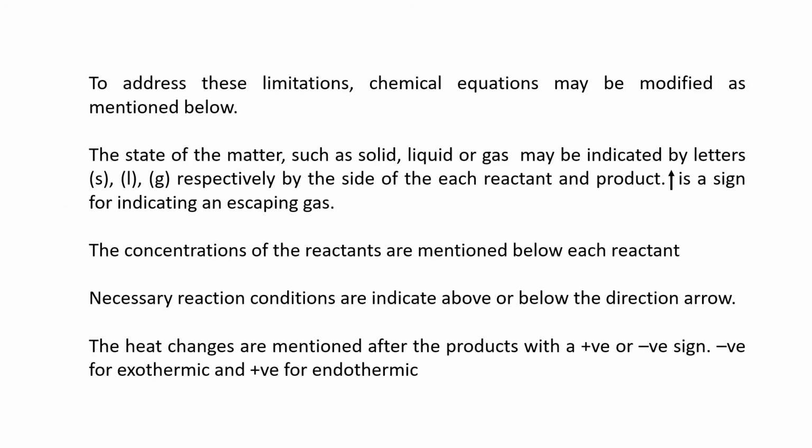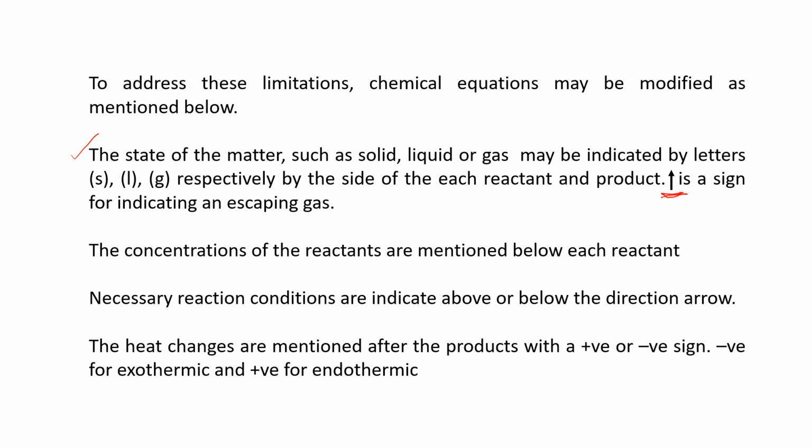So, to address these limitations, chemical equations may be modified as mentioned below. The state of the matter, such as solid, liquid or gas, may be indicated by letters within bracket S, L or G respectively by the side of each reactant and the products.